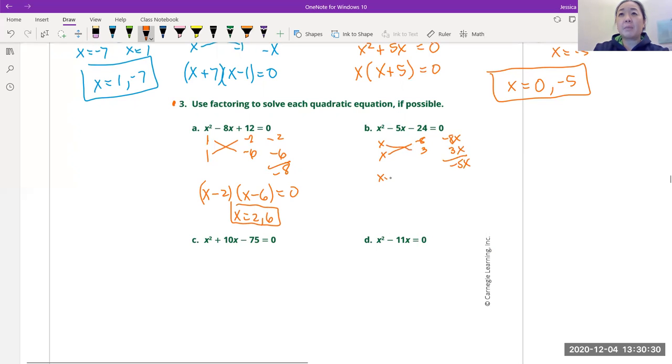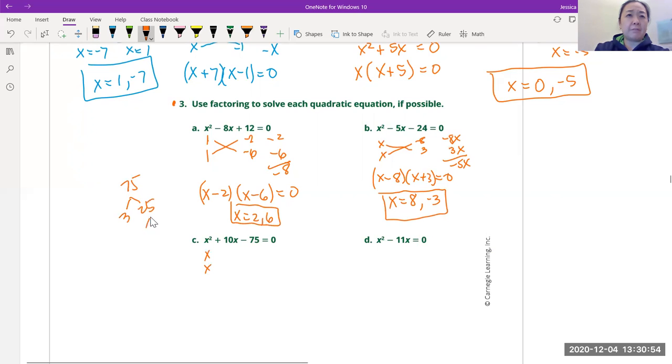So we're going to get x minus 8, x plus 3. So x equal to 8 and -3. And this is going to be, 25, no, not 25 and 3. 15 and something.